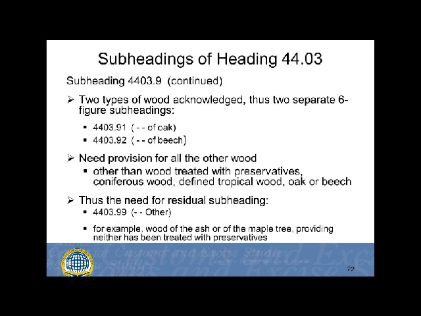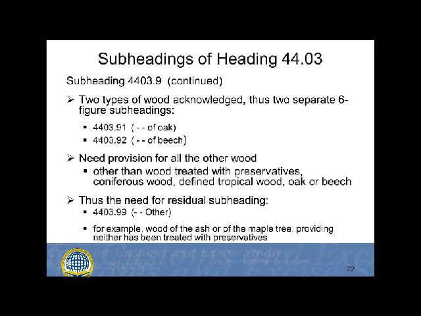Within subheading 44039, the harmonised system has seen the need to separately acknowledge two types of wood and has thus created two separate six-figure, or if you like, two separate 2-dash subheadings. They are 440391 and 440392, which accommodate wood of the oak tree and wood of the beech tree respectively.